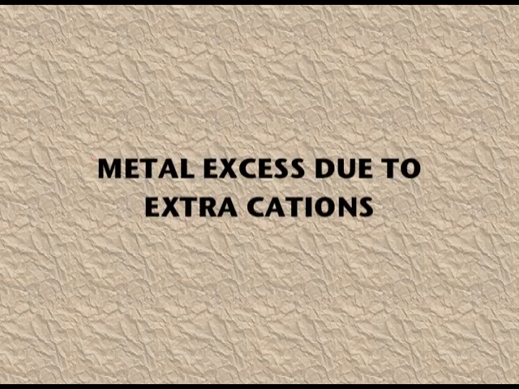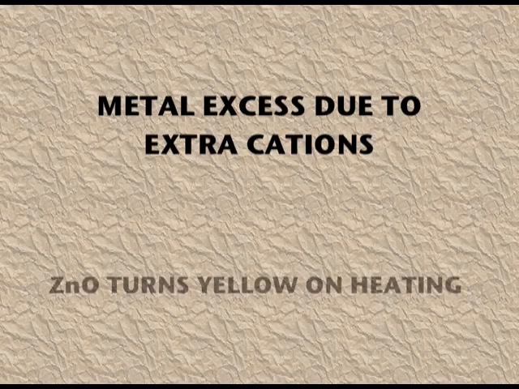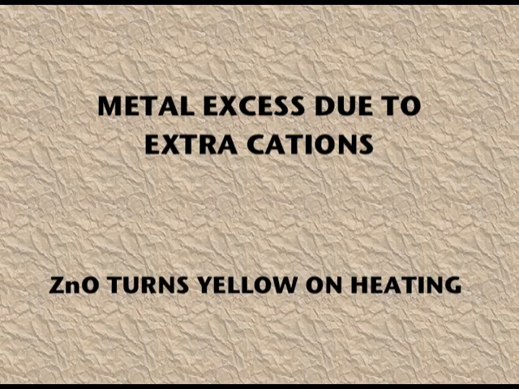Another non-stoichiometric defect is the metal excess due to extra cations. Now from where are these extra cations present? For example, zinc oxide turns yellow on heating. How does it turn yellow?